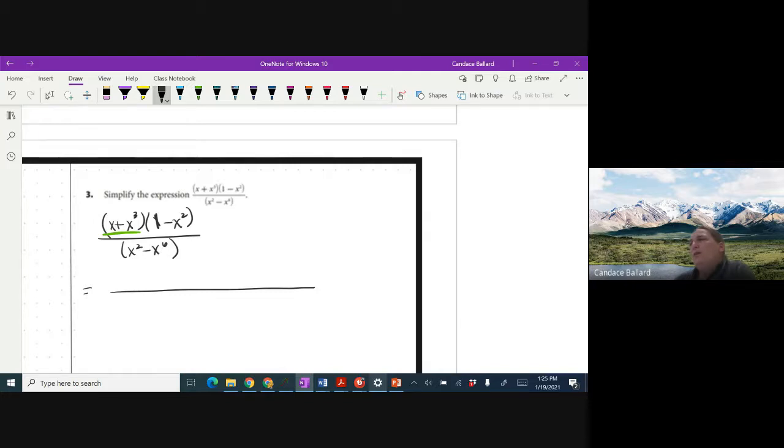Excellent. What is the greatest common factor of the green? It's an x. Good. So I'm pulling out an x, in green. Remember, when we divide, we are subtracting exponents. So I get 1 plus x squared.